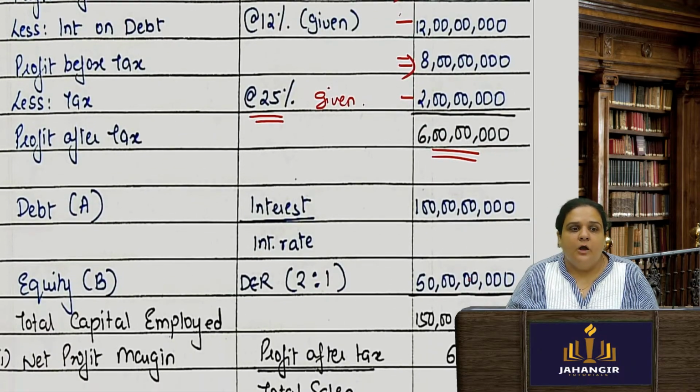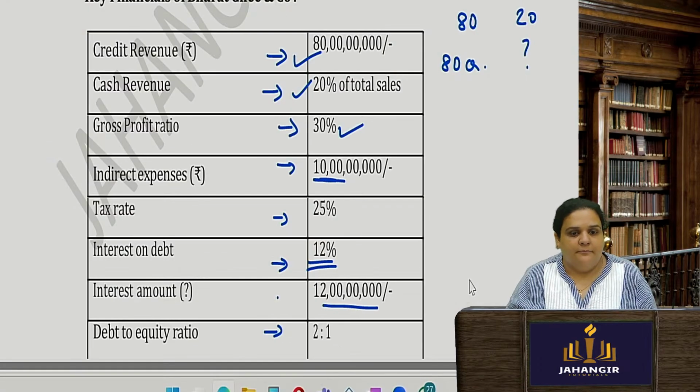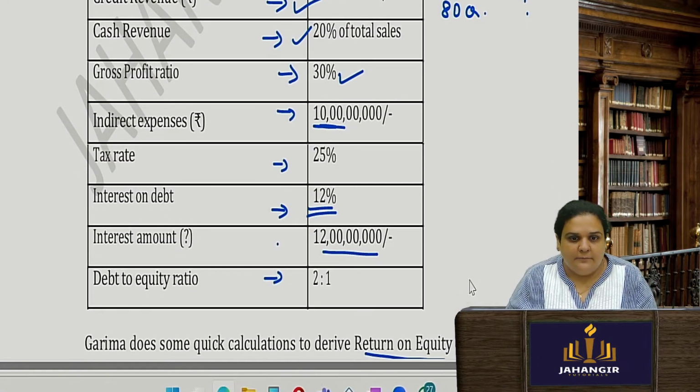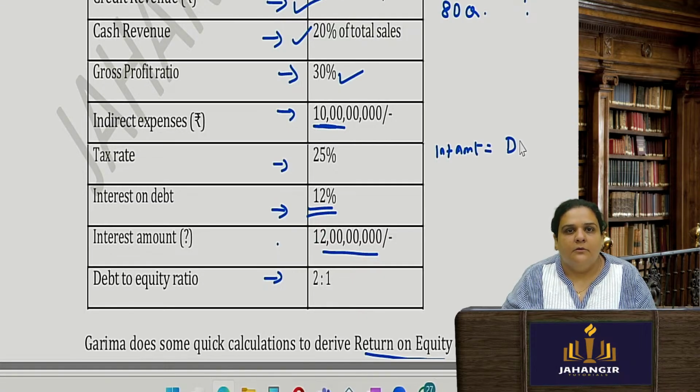Now I need to know how much is the debt and how much is the equity. The debt amount is not given. Debt equity ratio is given. How will I come to know the debt amount? When I know the interest amount. Whenever I calculate interest, interest amount is debt into interest rate.